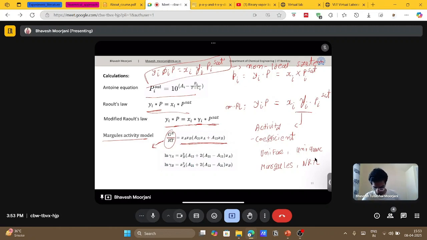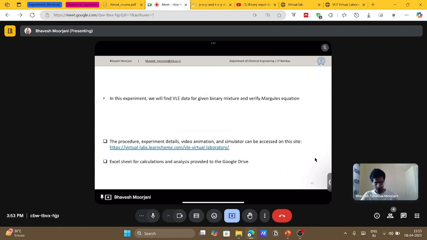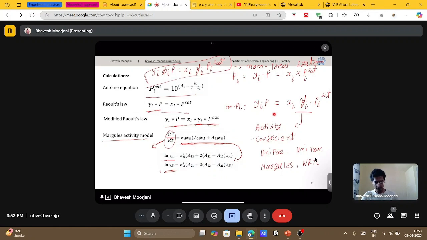The Margules activity model relates that non-ideality to the activity coefficient through the Margules constants A21 and A12 and the liquid mole fraction. Now if we know the Margules constants, then from there we can compute the corresponding activity coefficient. This activity coefficient can be put into modified Raoult's law to compute the corresponding vapor fraction, right? So this is how our theory will work.